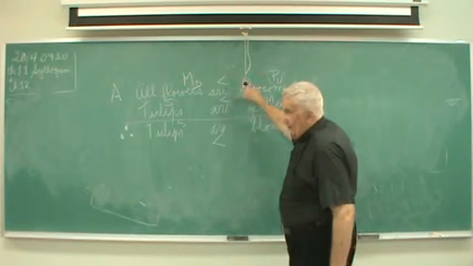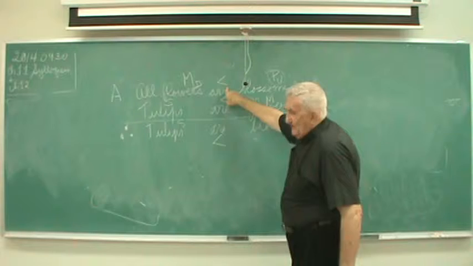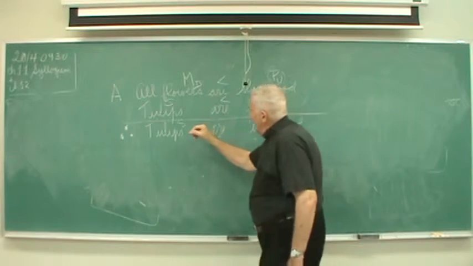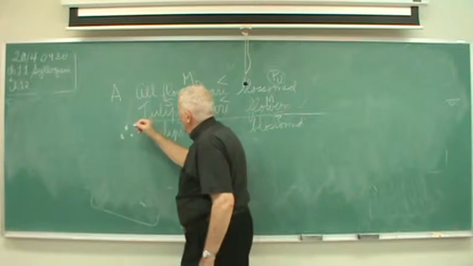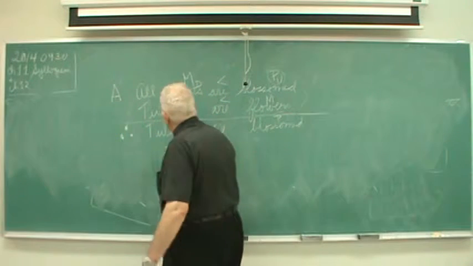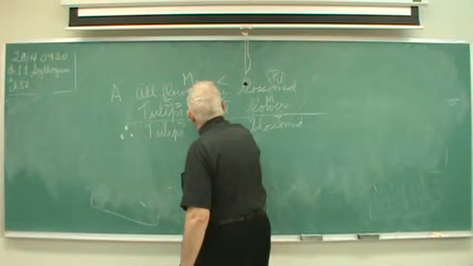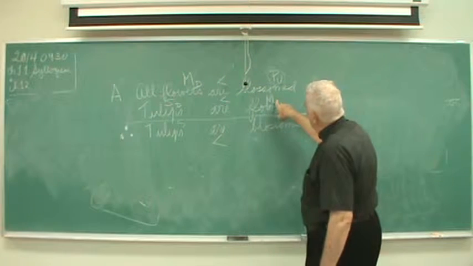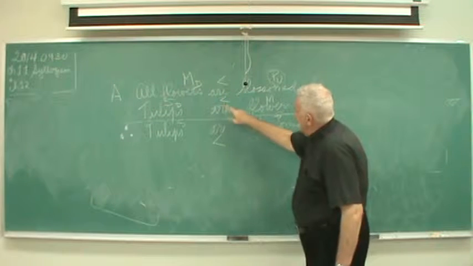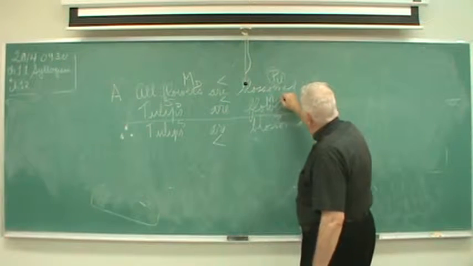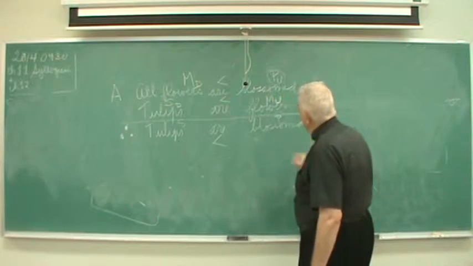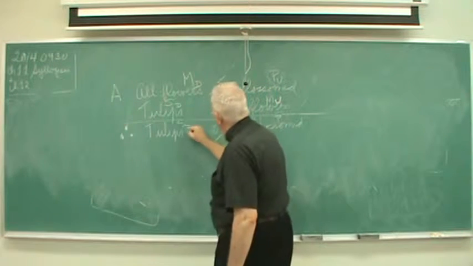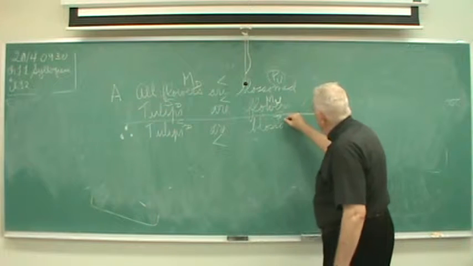The predicate of an affirmative proposition is always undistributed. Tulip, suppose all the tulips, so it is distributed. And flower here, the verb is affirmative, the predicate is undistributed. So here, tulip distributed, and blossom undistributed.